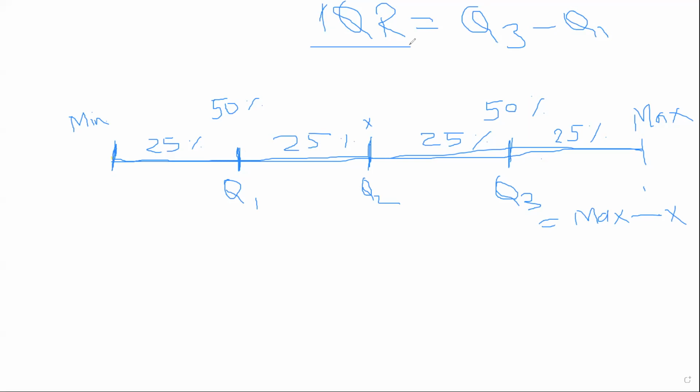Now we have a question like you are asking, what is the upper 25% of the data? This is your data, this is the upper 25%. So what you need to do, you take the max value and the Q3 value, and you get the upper. What is the lower quartile? This is the lower quartile: Q1 minus the minimum value. And this is the third.